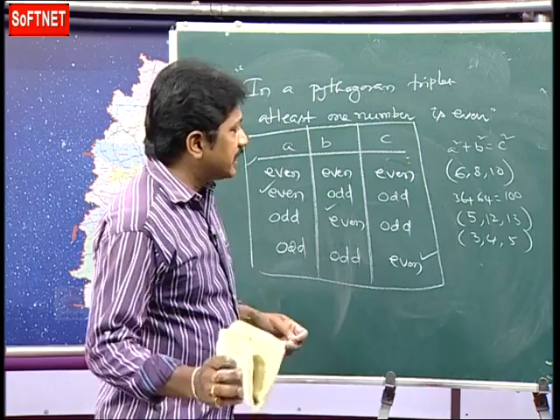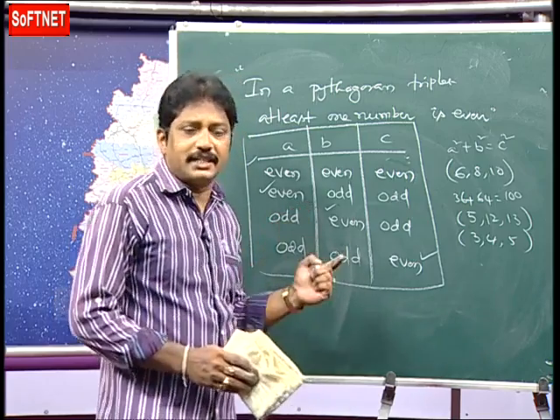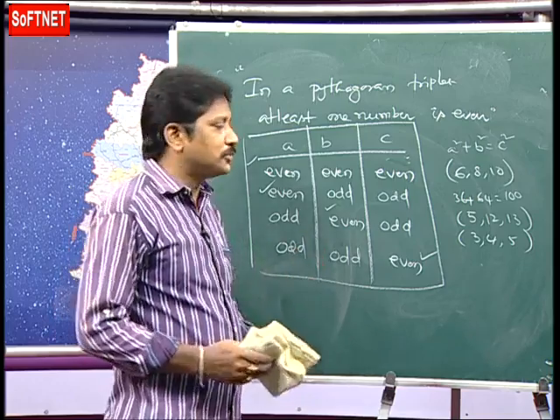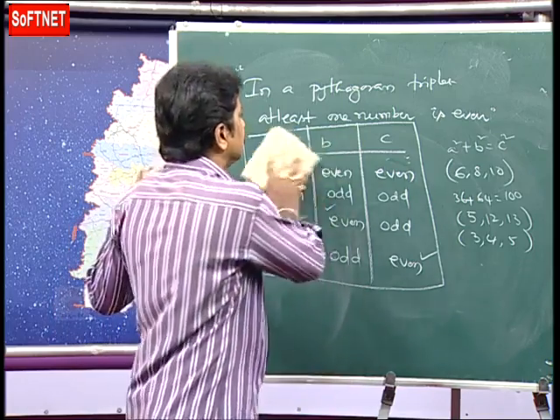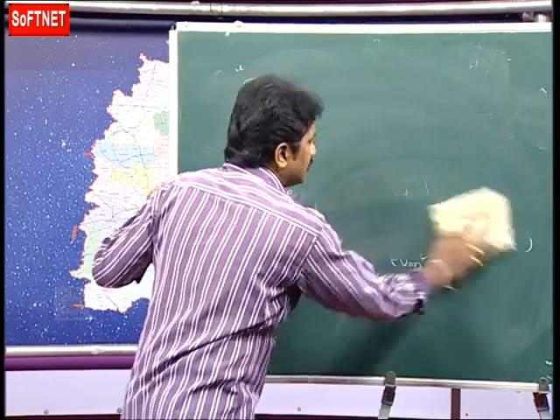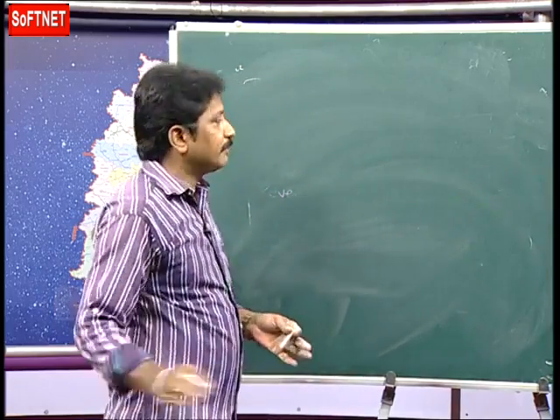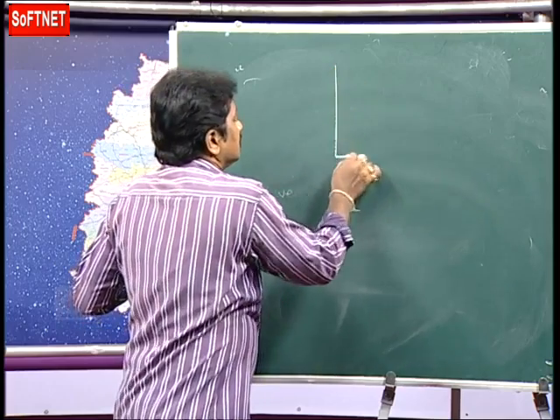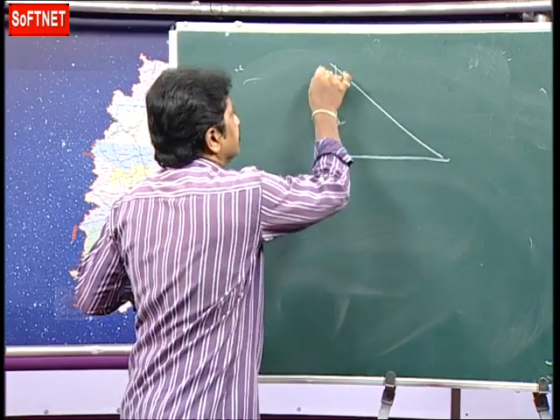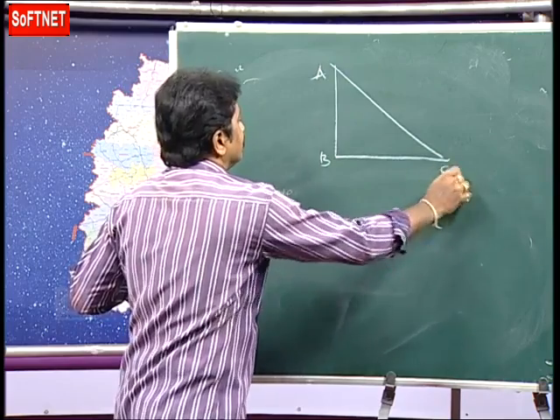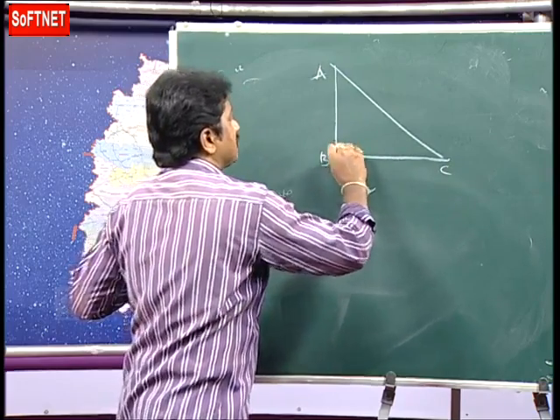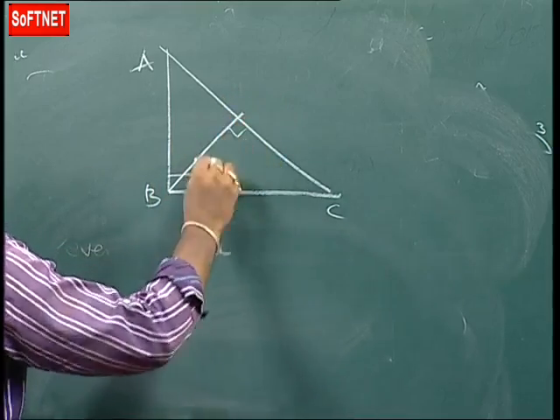Now I am going to take one more. This was reasoning and proof. Now I am going to take one more question on the Pythagoras theorem, which comes under problem solving. ABC is a triangle, and a perpendicular line is drawn.